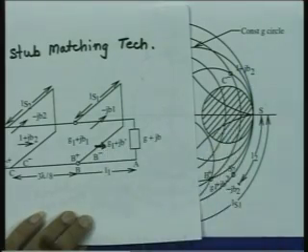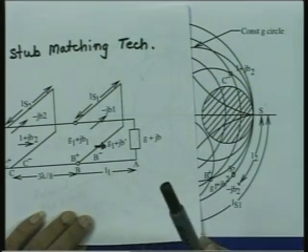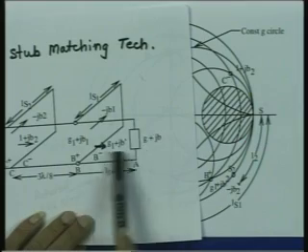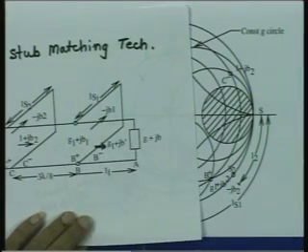The grace, however, lies in the fact that it is not the load impedance, it is this impedance which should not lie in the forbidden region. The impedance which we want to match can lie in the forbidden region, but this transformed impedance after distance L1 should be out of the forbidden region.